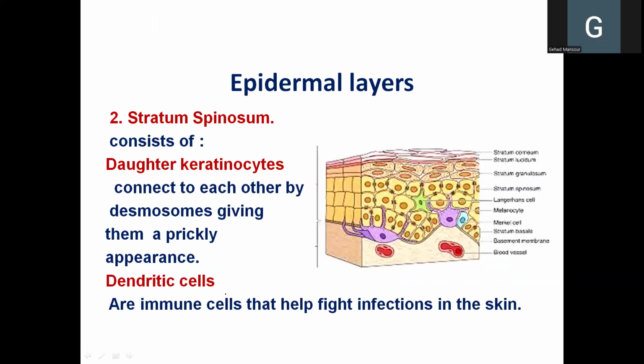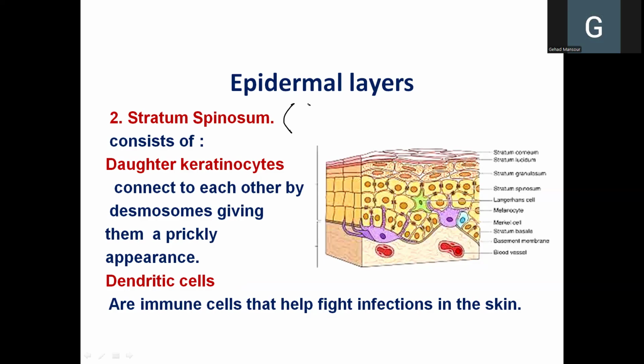The rest of the epidermal layers include the layer that comes above the germinative layer. Of course, it is the stratum spinosum. You know what a spine is. Why are the cells in this layer called stratum spinosum?